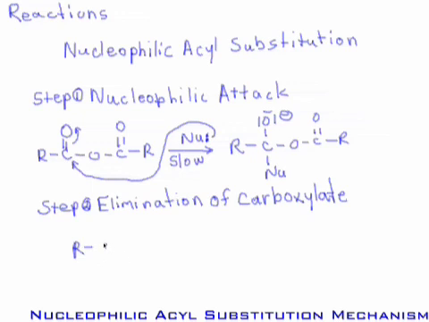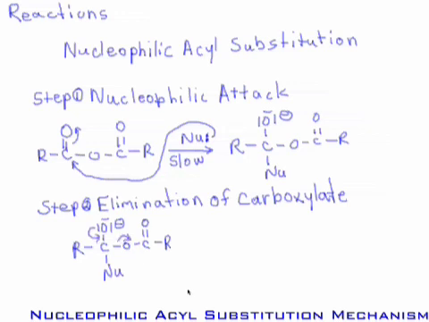So we have R, we have the O minus, we have our anhydride carboxylate that's going to be kicked out. We have our nucleophile. The pi electrons from the oxygen come back in to form the pi bond.